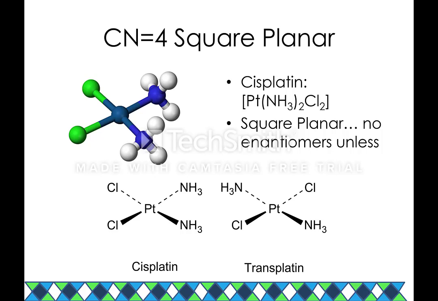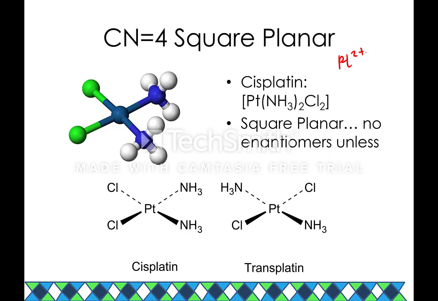With coordination number 4, we can either have square planar or tetrahedral, and we'll talk more about how to predict whether or not a molecule is going to be square planar or tetrahedral. But platinum(II) often forms a square planar geometry with a coordination number of 4.